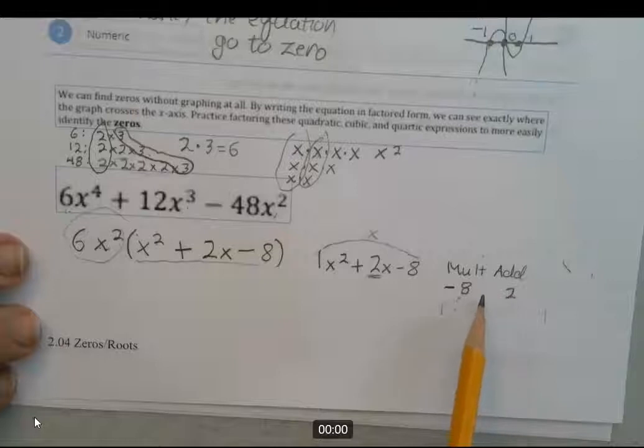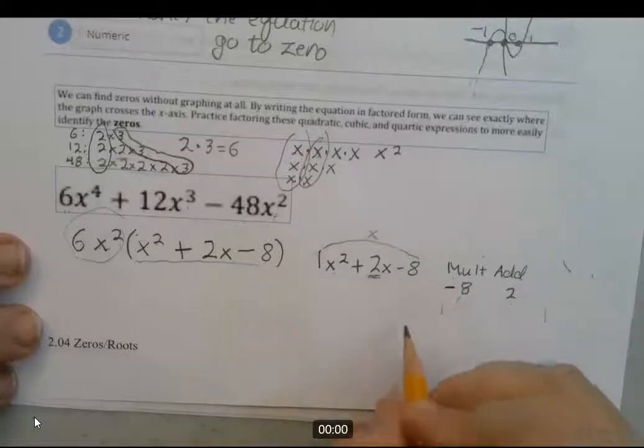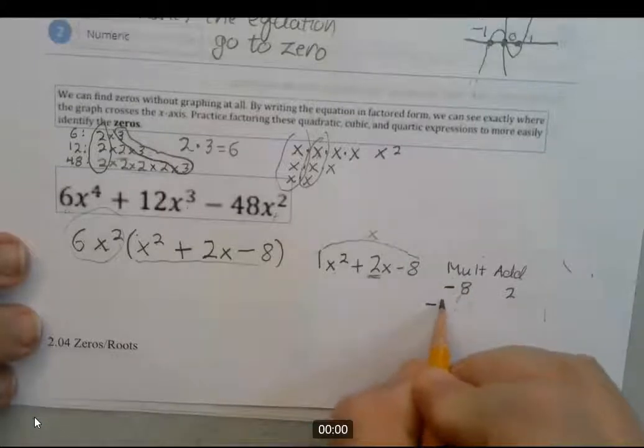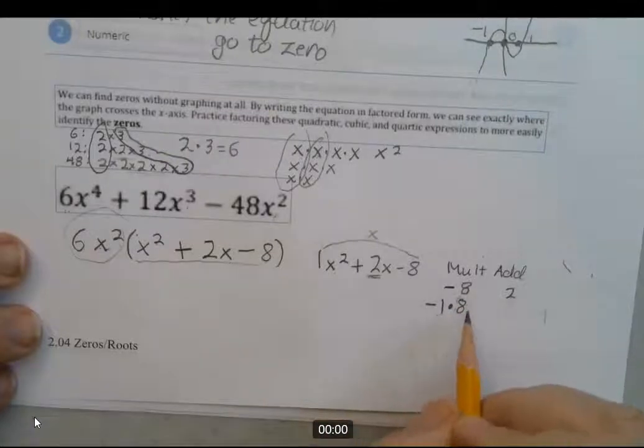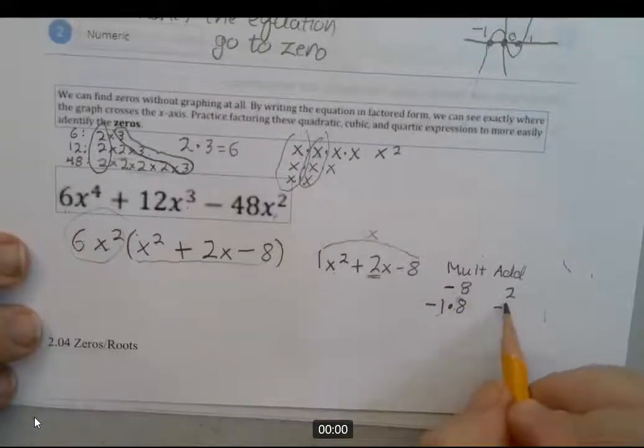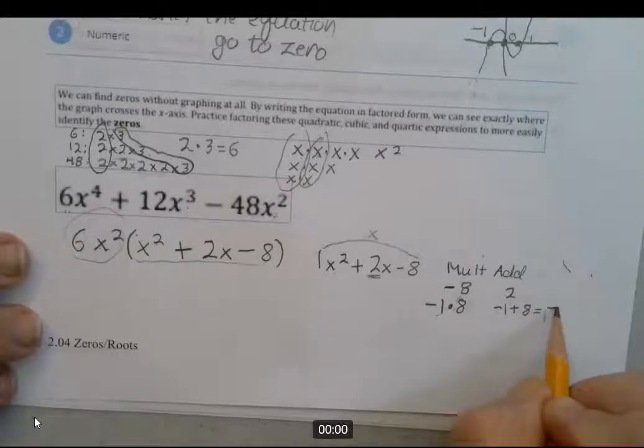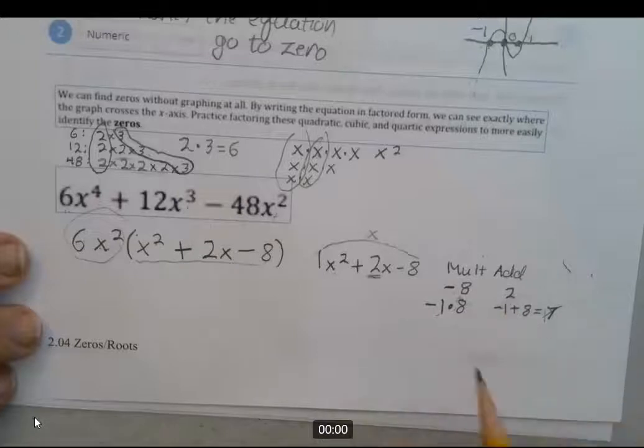Since they add to a positive number, that means the bigger of the two numbers has to be the positive one. So I'm going to start with the small negative number and the big positive number. So negative 1 times 8 gives you negative 8. And negative 1 plus 8 gives us 7. Well, 7 doesn't equal 2, so we move on.